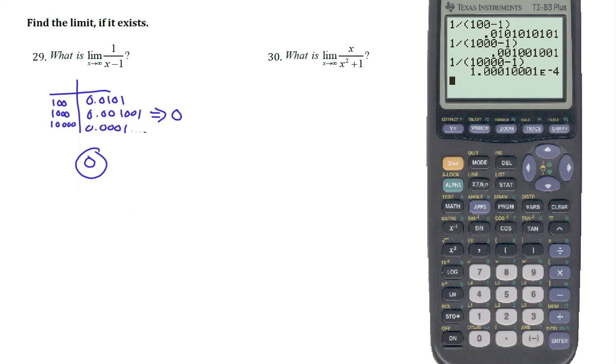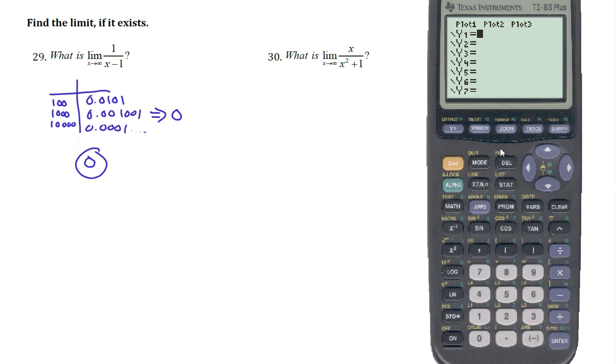squared minus 1. Okay, so now this might be, we could have done this on the last one too, but this might be a good one to put into the graphing calculator. So we've got x divided by, and then we've got x squared minus 1. Oh, sorry, plus 1.